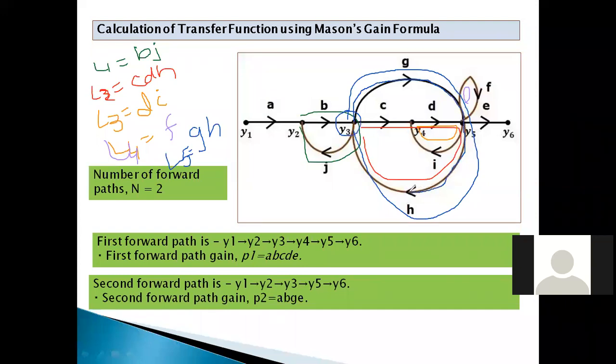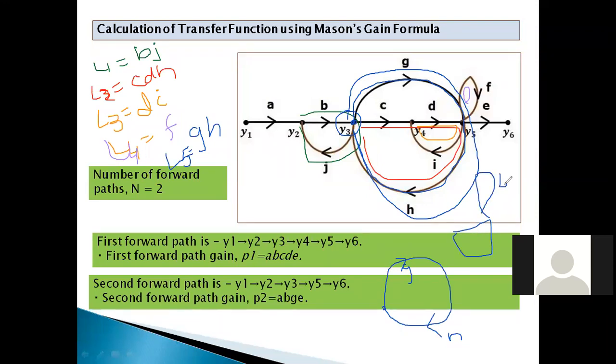So if we take in this direction, H. Again, it reaches to Y3 node. So this becomes an individual loop. Starting point and ending point should be the same. So this is G, and here it is H. This becomes loop 5.